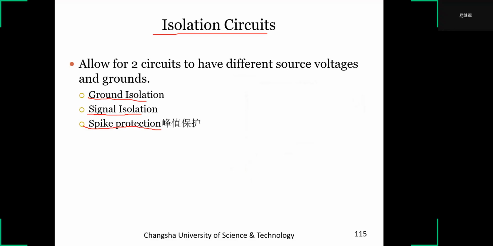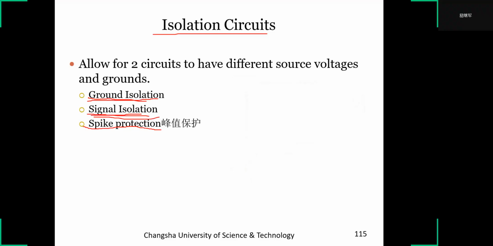Ground isolation: just connect the device shell to the earth. The inside of the device is shielded by the shell. Ground isolation is connected to the earth.